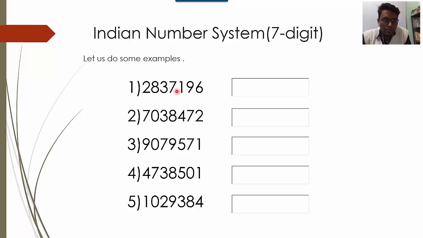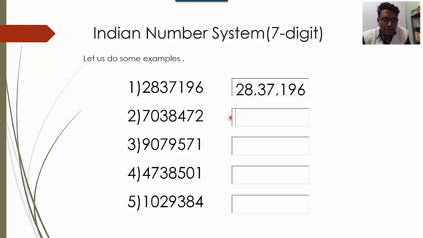So we will insert a comma between hundreds place and thousands place, that is between 7 and 1. Similarly, we will insert a comma between 10,000s place and lakhs place, that is between 8 and 3. So let us write this number here. The number will be 28 lakhs 37,196. Isn't it easy now?